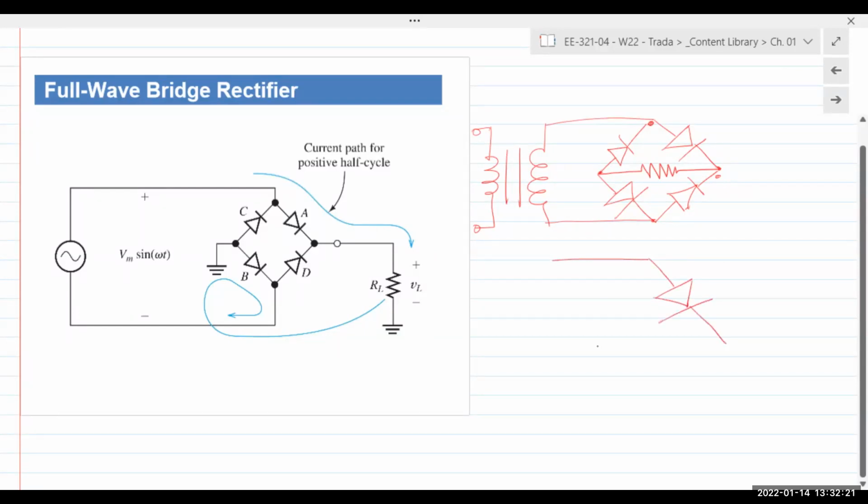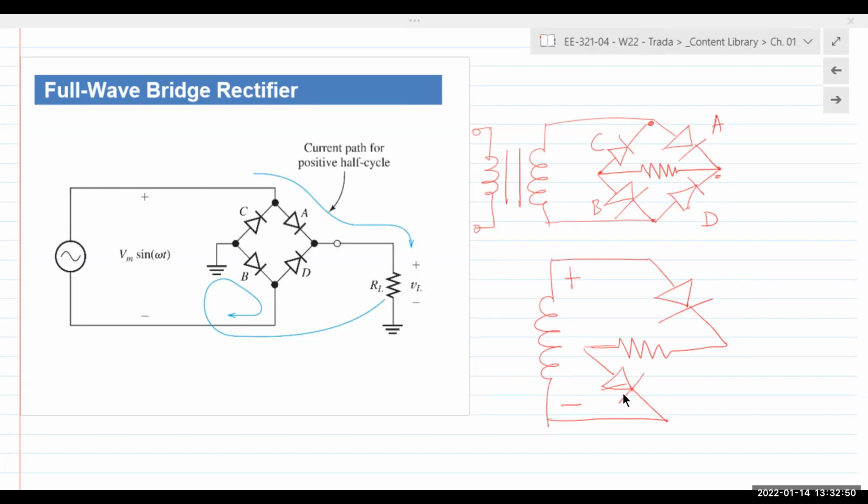Actually, rather than say this, let me say A, B, C, and D. So in the positive half cycle, diodes A and B are on, right? So A is connected to the anode over here, positive. Cathode is connected to the negative. And so both of these diodes are forward bias, hence they're on.